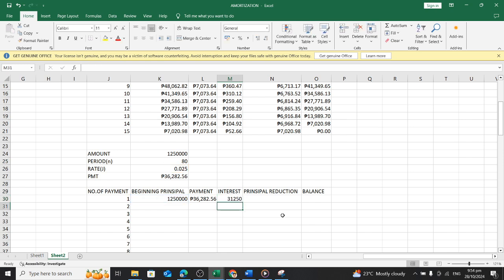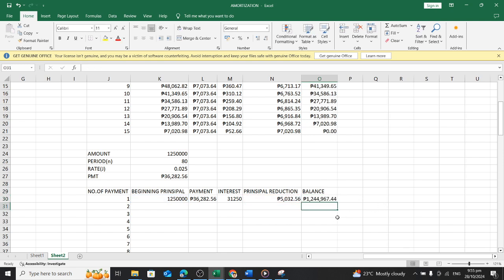Press enter. Now to get our principal reduction, again, press equals and then press our payment minus our interest. Press enter. How to get our balance? Again, click that cell, press equals, press our beginning principal minus our principal reduction.